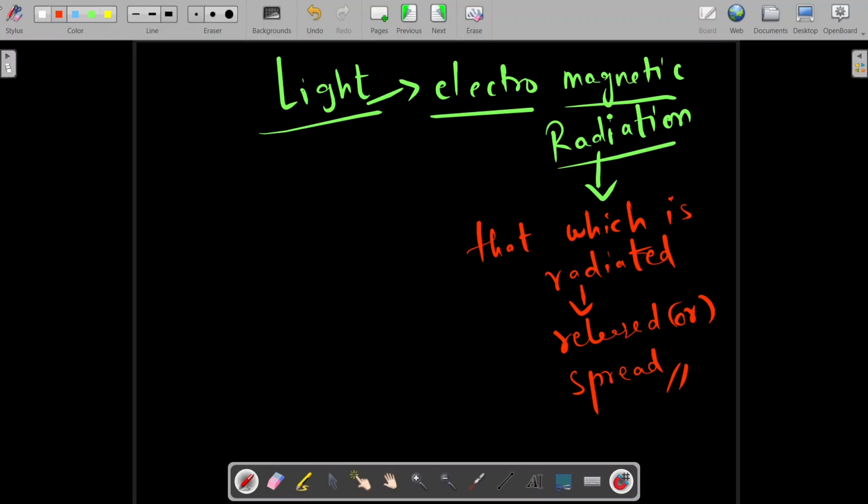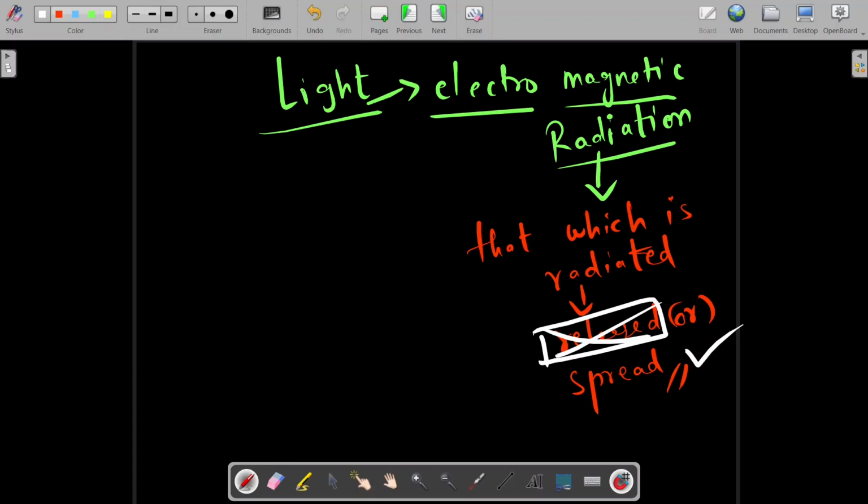Actually, released is not a good term for this. The better word is spread. Spreading of something from a point source or whatever the source may be. If you see, the sun is a source from which light gets spread, right?